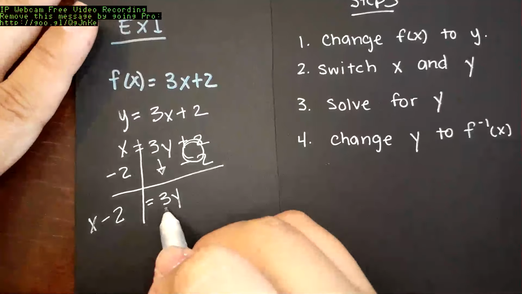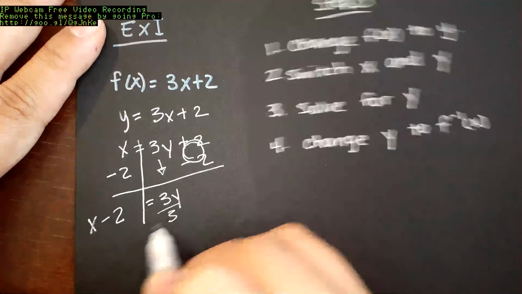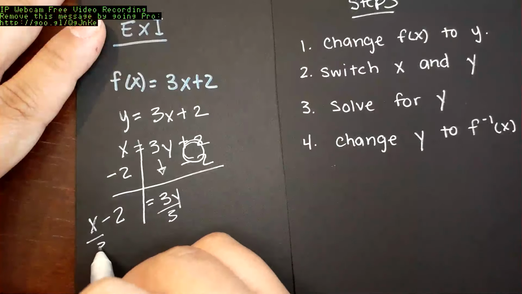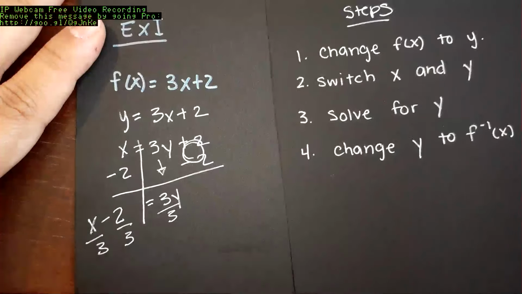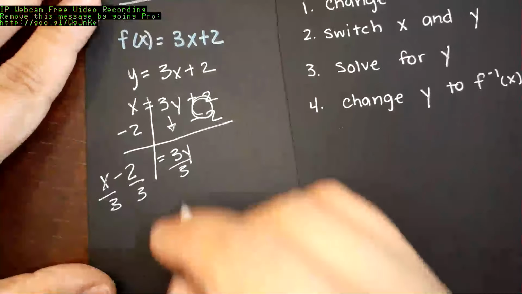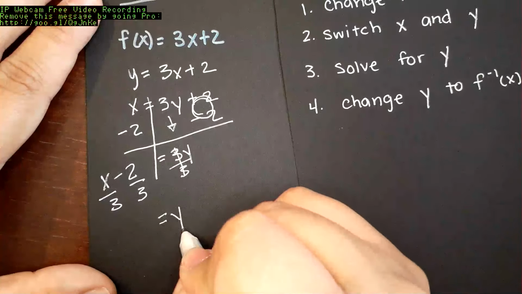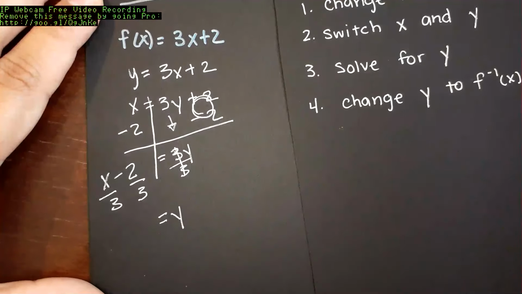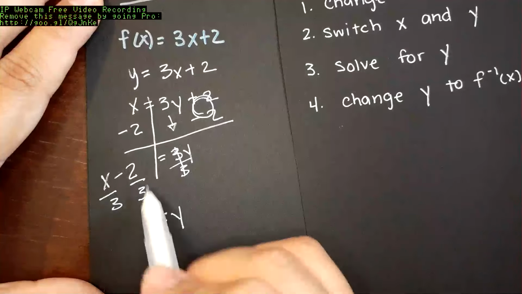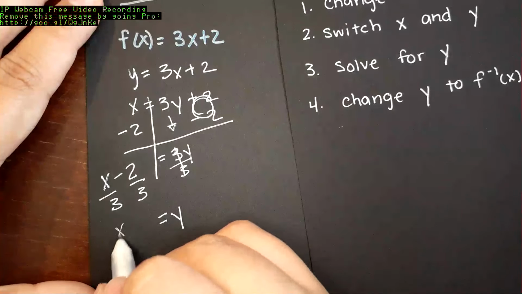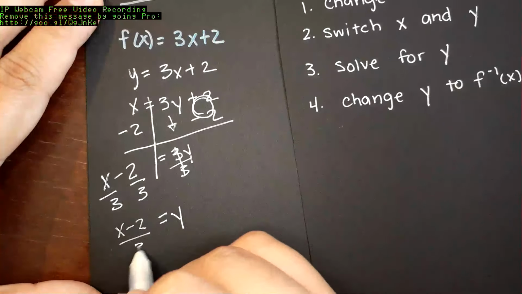My last step is to divide by 3. So I'm going to divide each term by 3. Okay, so 3 divided by 3 is 1, so that'll leave me with y. And on the other side, I have nothing that simplifies, so I'm just going to rewrite it so that it looks a little nicer.